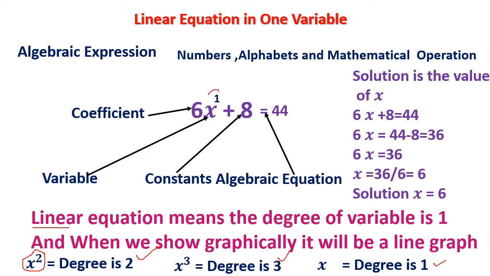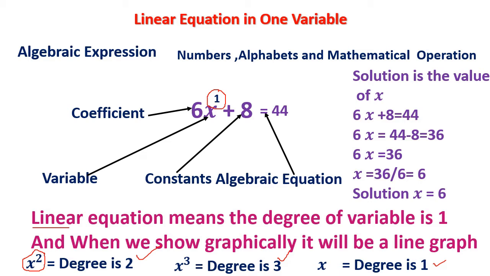So all such equations which are having a variable with a maximum index of one are named as linear equation, and you are having quadratic equation in the coming next lesson, I think. So this is a basic concept of linear equation which you have already studied, just recollect it.